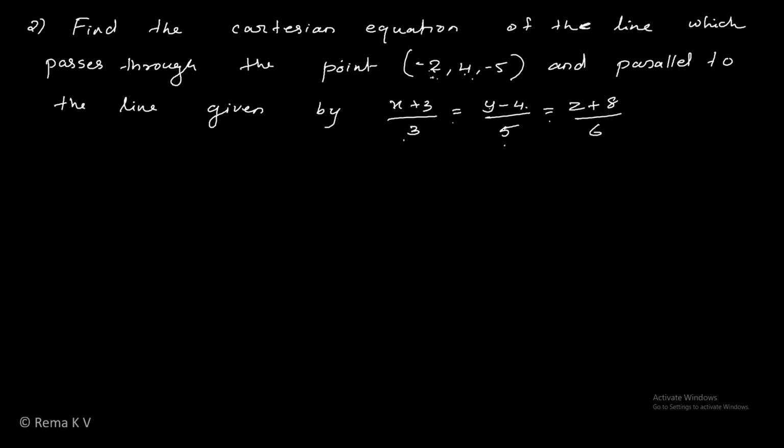We can write this as x1 is equal to -2, y1 is equal to 4 and z1 is equal to -5. So this is the point through which the line passes, so this is to be taken as x1, y1, z1.